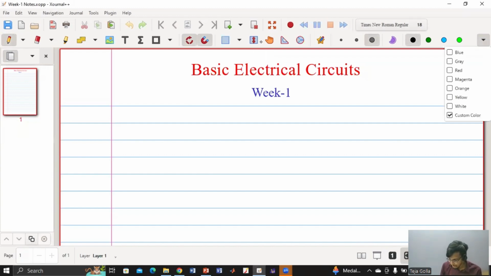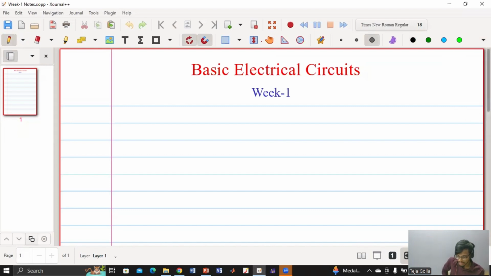So first, I'll give some basic understanding about what an electric circuit is. It is just an interconnection of multiple elements. So first we need to understand the nomenclature as well.